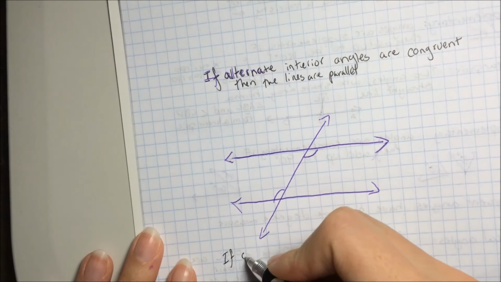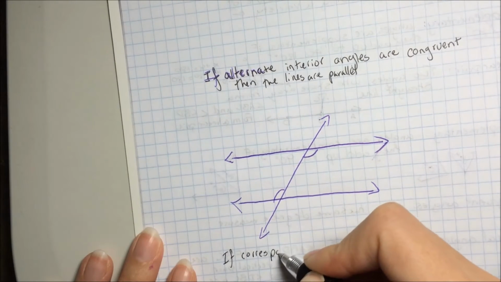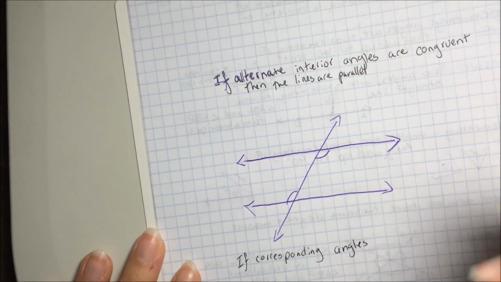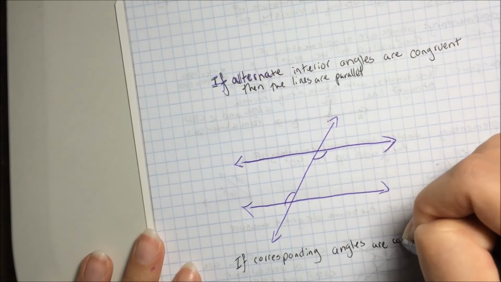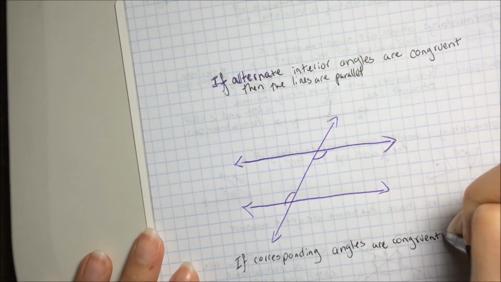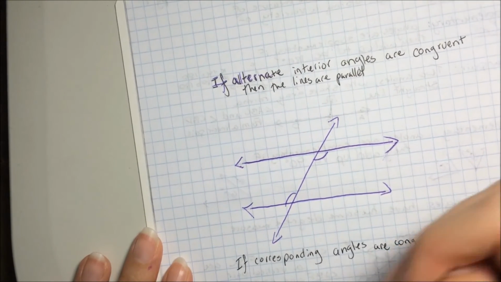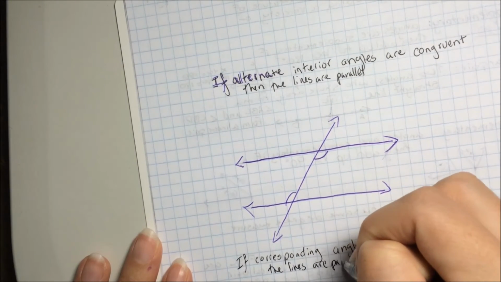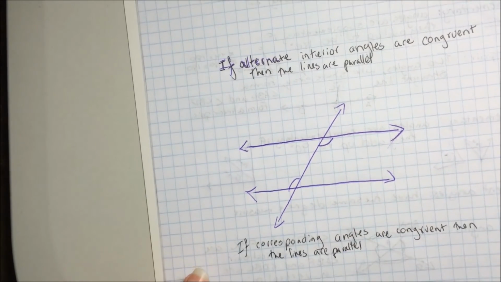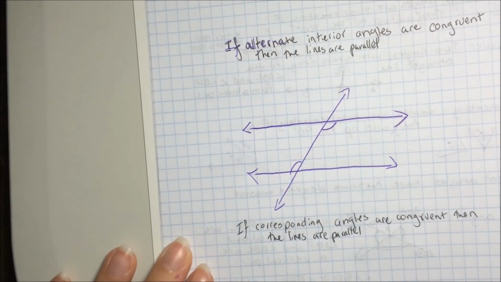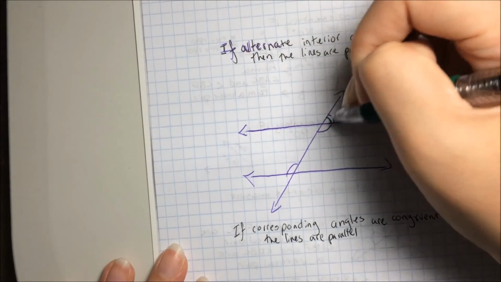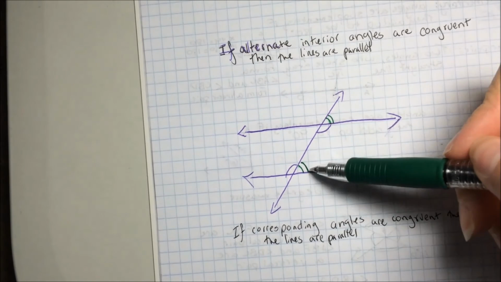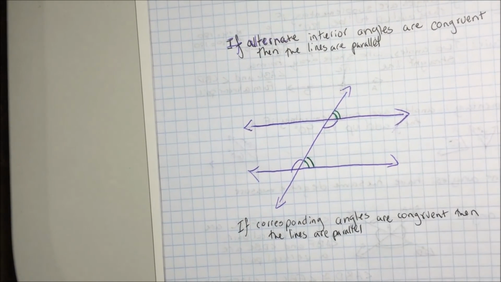If corresponding angles are congruent, then the lines are parallel. So if I took a pair of corresponding angles, say this pair right here and this pair right here, so this angle and this angle, and I know that they're congruent, I know these lines are parallel.